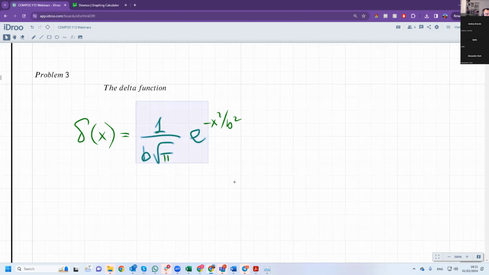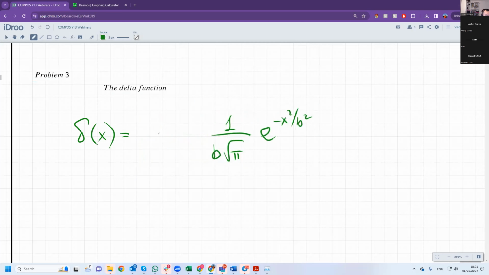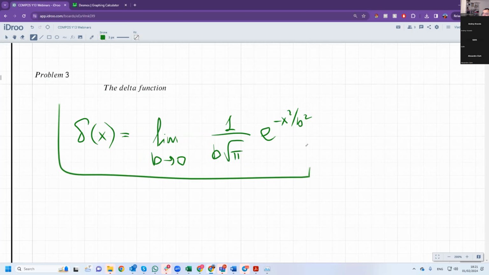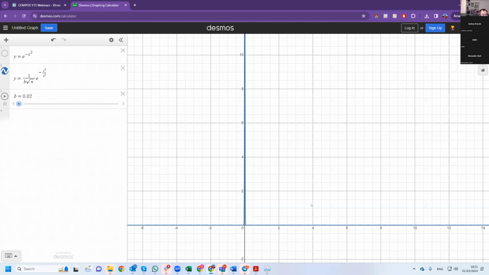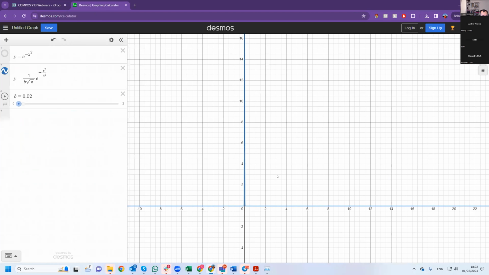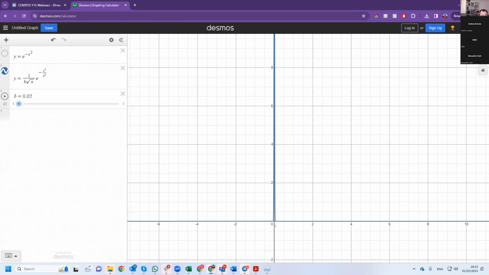If you take the limit of this function as b tends to 0, that's what we call the delta function. So basically the delta function is 0 everywhere, but infinitely large at point 0.